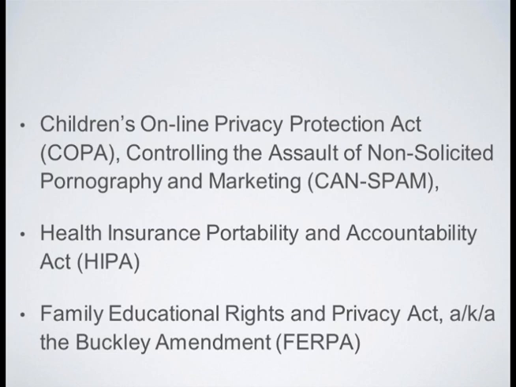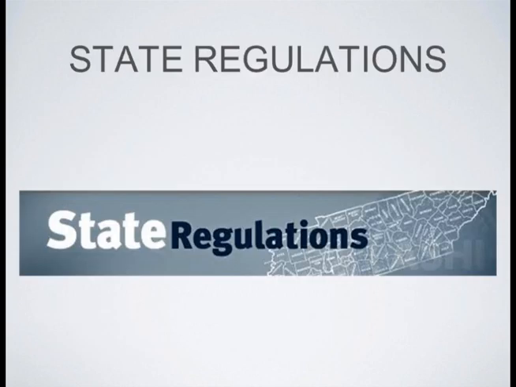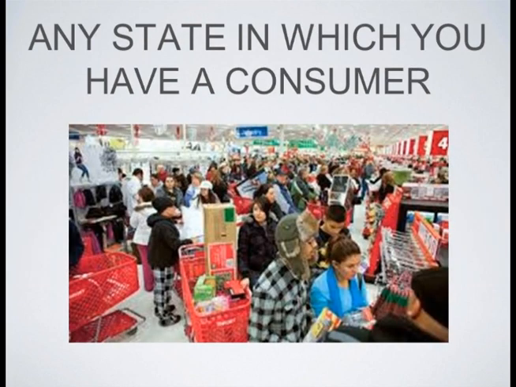That can make you the target of a CAN-SPAM violation federal action. But otherwise, you're primarily going to be dealing with state regulations. And as I said, all the states have different rules and regulations that apply. And basically, if you have a data breach, any state in which you have a consumer, regardless of where you yourself are located, you may be subject to the regulations of that particular state.